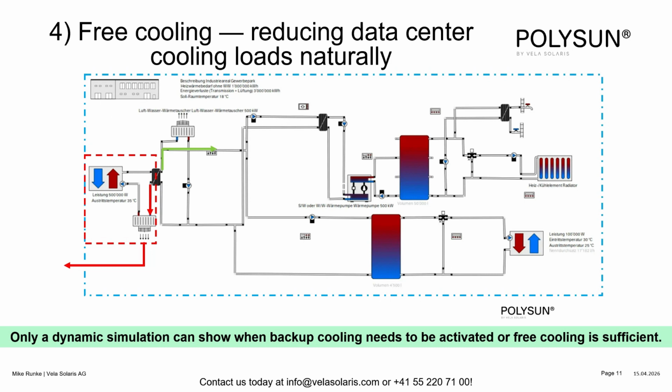To reduce cooling loads in northern Europe, this can cover a large proportion of the cooling requirement. And now in Central Europe, outside air free cooling is viable for around 1,000 to 2,000 hours per year. And that rises to, let's say, 3,000 to 4,500 hours when using a lake or seawater.